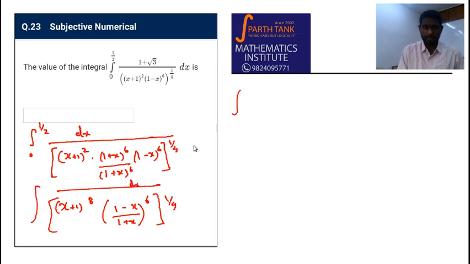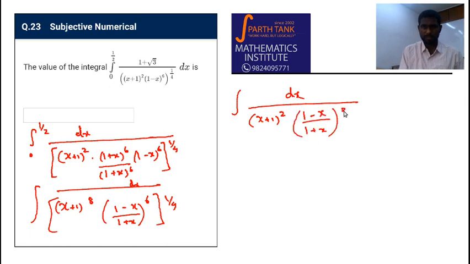So this can be taken out now, dx by (x plus 1) will come out as (x plus 1) the whole square and this bracketed term becomes 3 by 2. 6 by 4 is 3 by 2. It still seems mysterious, but how it works is, if you take this (1 minus x) by (1 plus x) as t and find what is dt.